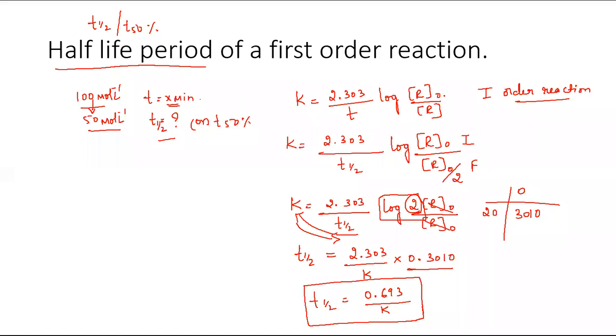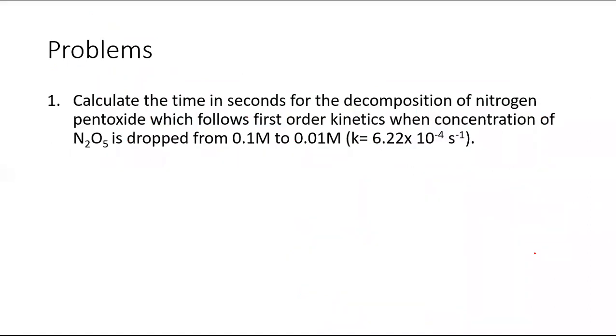Okay, so here is your first problem. Calculate the time in seconds for the decomposition of nitrogen pentoxide, the formula is given, which follows first order kinetics. See, here it is mentioned which kinetics it is following. First order.